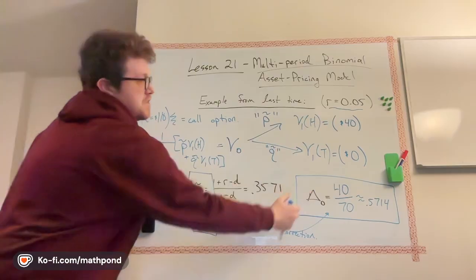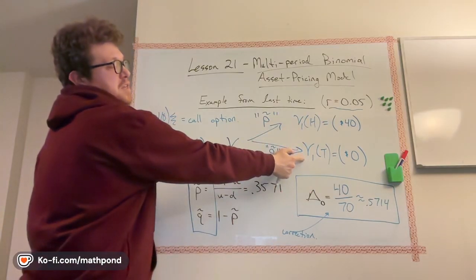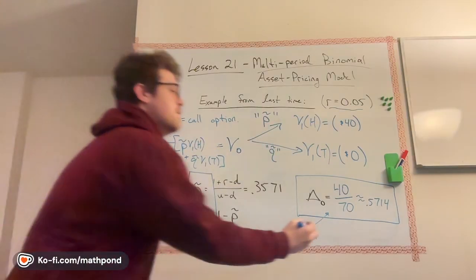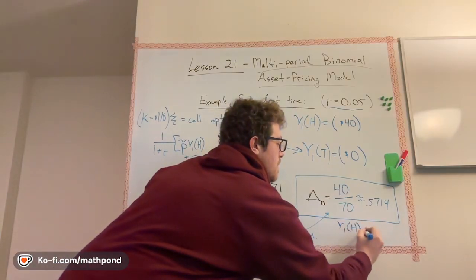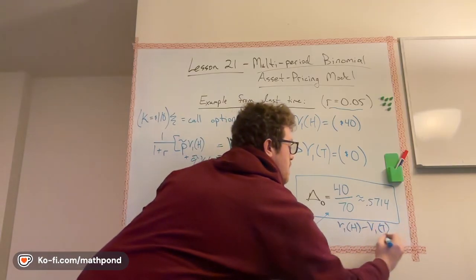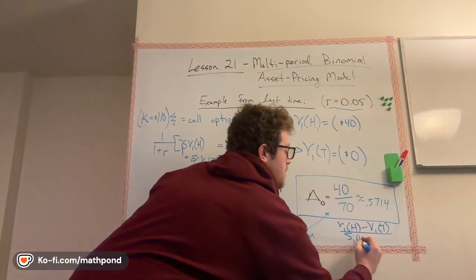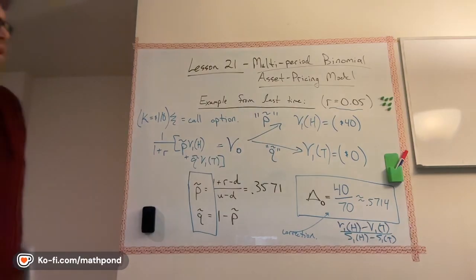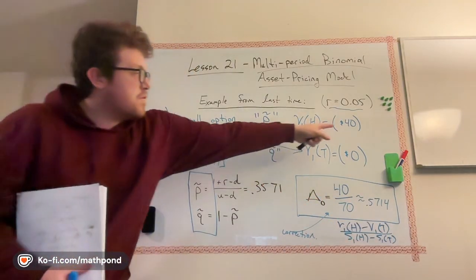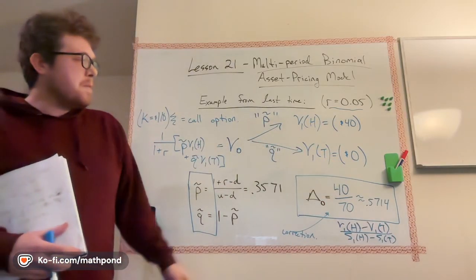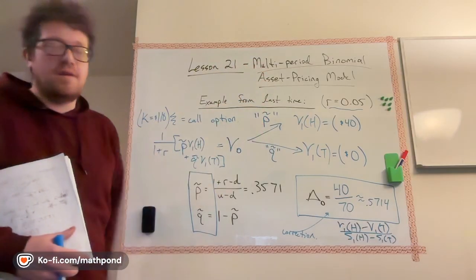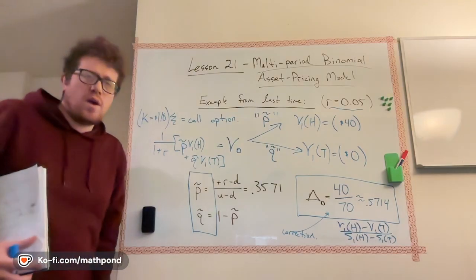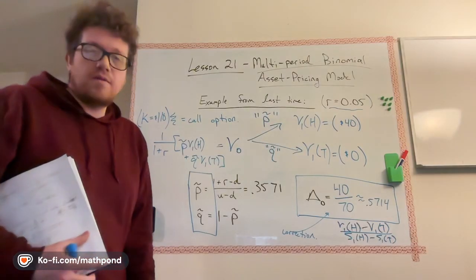So basically the formula for this was V1 of H minus V1 of T divided by S1 of H minus S1 of T. And that gave us 40 over 70 because it was 40 minus 0 divided by, I think it was, 150 minus 80, right? So 70. Okay. So that was the example.